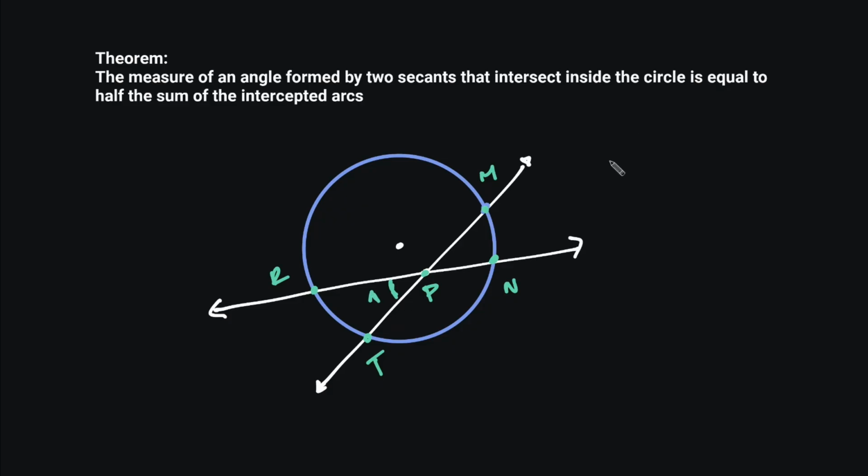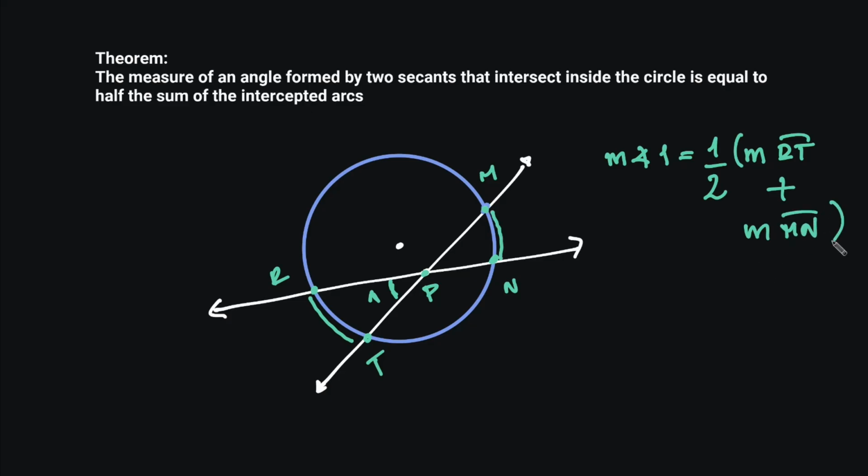The measurement of angle 1 is going to be equal to half the addition of the two arcs. So if I add the measurement of this piece of arc, RT, to the measurement of this piece of arc, MN, that is the idea.